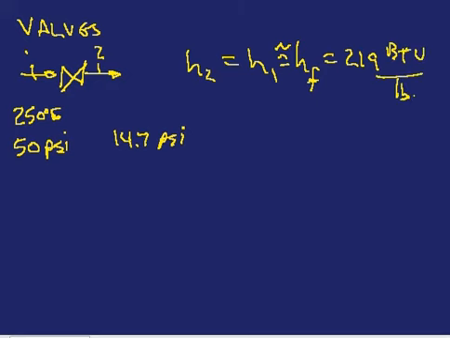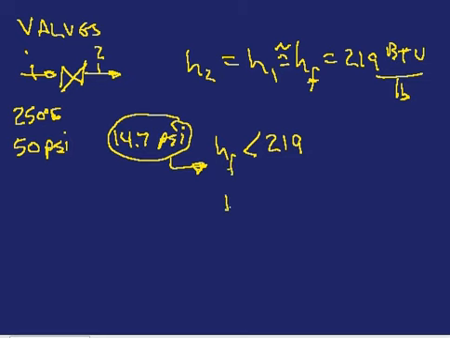So coming out where the pressure is 14.7, we try to determine if it is a liquid vapor mixture. And we know that H is 219, greater than HF, which at the new condition of 14.7 is 180, and less than HG, which coming out of the valve at 14.7 psi is 1150.